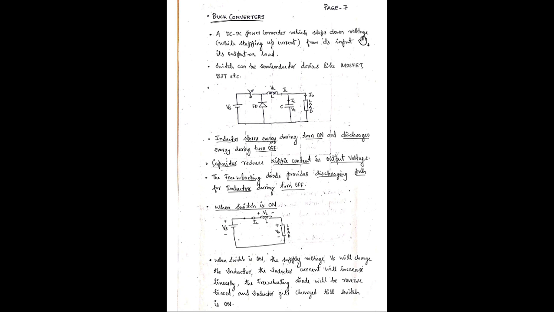It steps down voltage from its input to its output or load. And the switch used here will be either a MOSFET, BJT or IGBT. Okay, so the circuit for the buck converter is the same as what we have seen in the last classes.